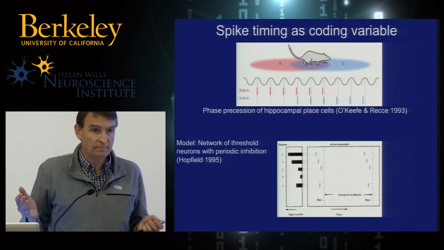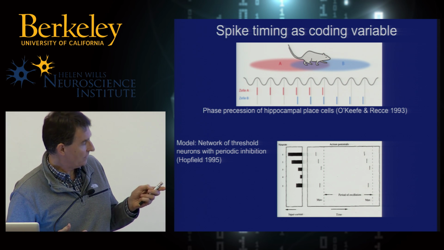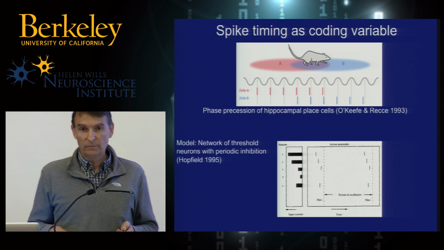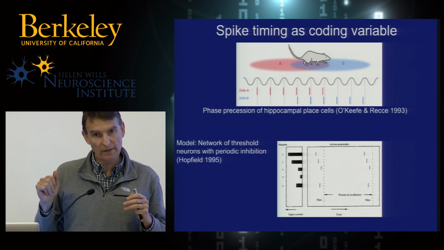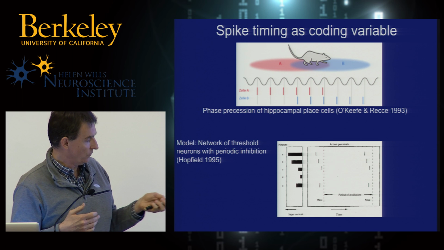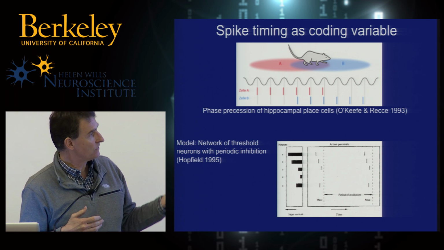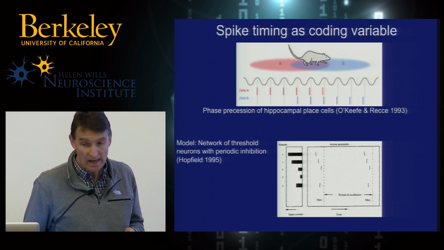But of course, for a long time, people believed that this rhythm that you see here is the same everywhere in the hippocampus. And that, of course, would then make it easy to think about such schemes of what this oscillation could do for you computationally.